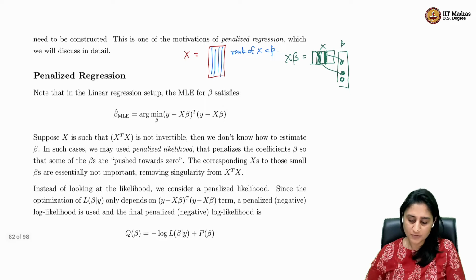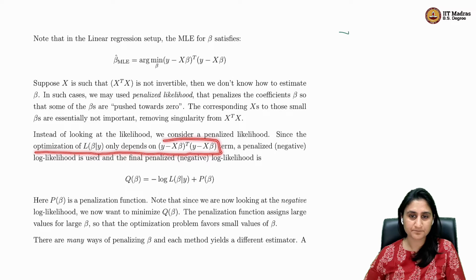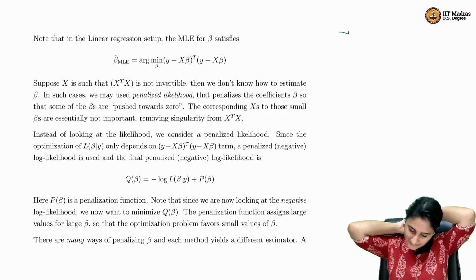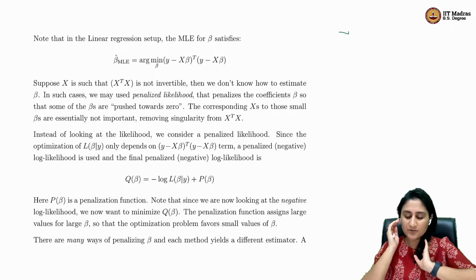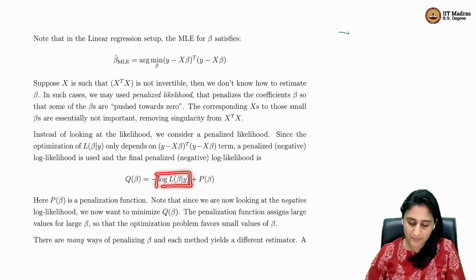Okay. So in order to do this, instead of looking at the likelihood, we consider a penalized likelihood. Now, since the optimization of L beta given Y only depends on this term, what we do is we penalize the negative log likelihood. This is going to be a little confusing, but I wanted to keep it the way it's usually done in the literature: instead of penalizing the log likelihood, we take the negative log likelihood and add a penalty term next to it.